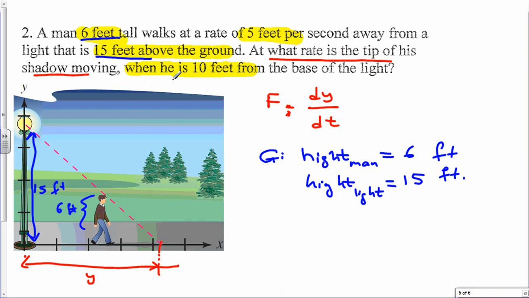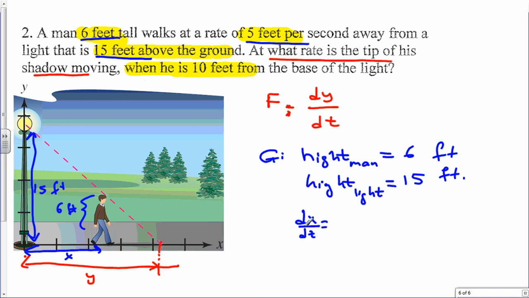We have one more thing given. He is walking at a rate of 5 feet per second, which means the distance from this light pole to this man, let's say this is going to be x, is changing. The change of x with respect to time, dx over dt, gives you the velocity.